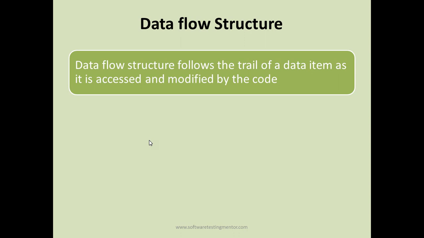Suppose a value in the database for a variable is 100, then you keep an eye on that variable in the database, and while the code is accessing and modifying that variable, you see how it's getting accessed and modified by the piece of code that you are testing. So data flow structure focuses on the data, not on the code.